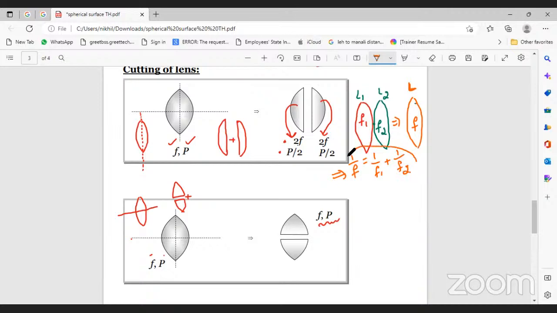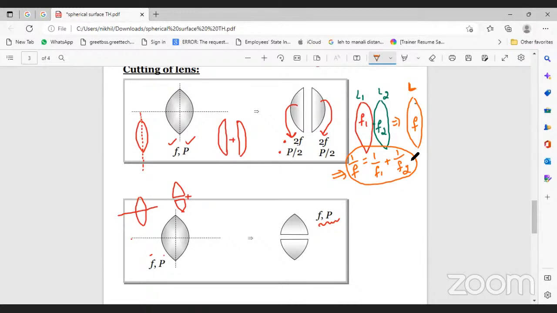Effective focal length 1 by F is equal to what? 1 by F1 plus 1 by F2.